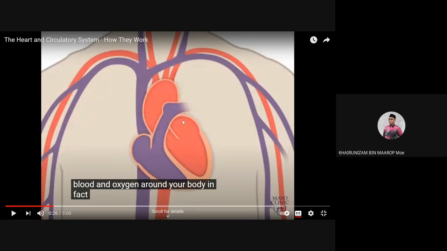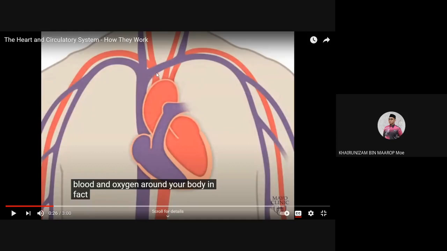Okay, if you look at this one, this is the left side of your heart, and it transports oxygenated blood from the lungs to the heart, and it will pump it to be delivered to our body parts.